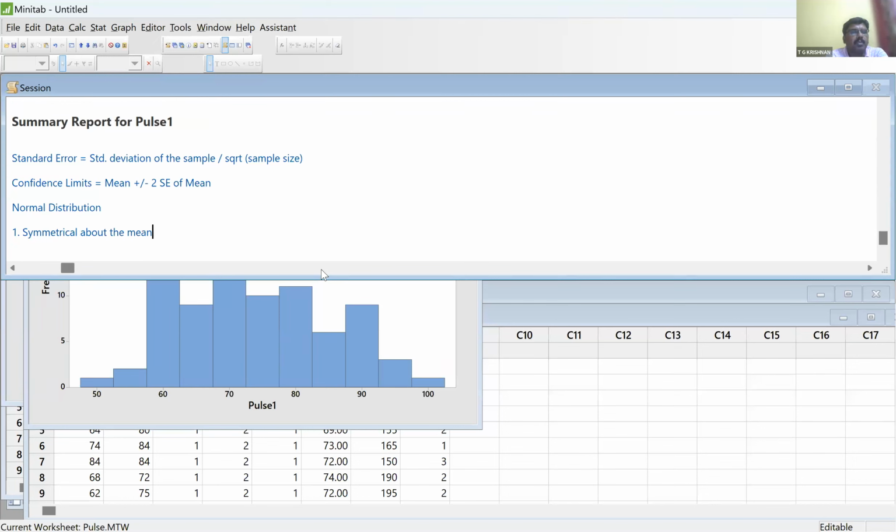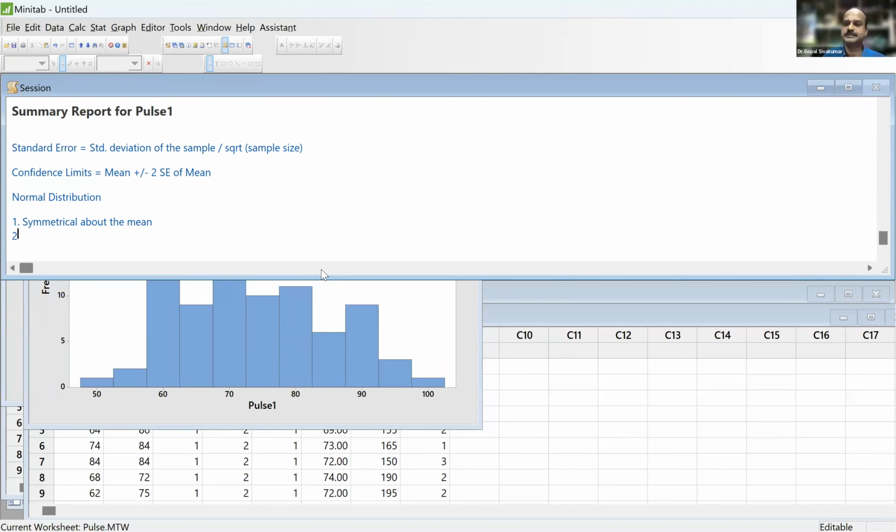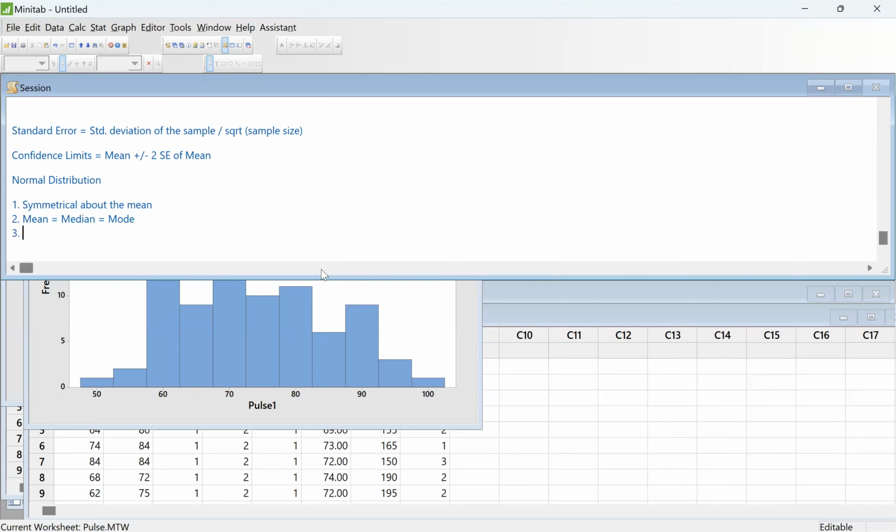Then mean equal to median equal to mode. All of these things will happen to your population, provided your population data is biological data, meaning your process is normal. If your process is normal, the data will exhibit normality.